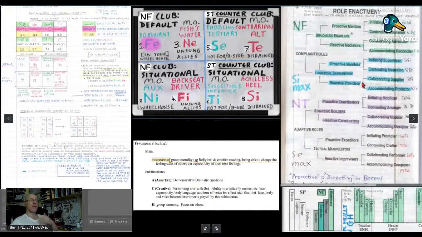It's a directive type. It's an in-charge type. It's an in-charge idealist. And so it's using its FE in a directive way. So in Keirsey's ENFJ profile, he wrote that the ENFJ is a good teacher, even of resistant pupils.